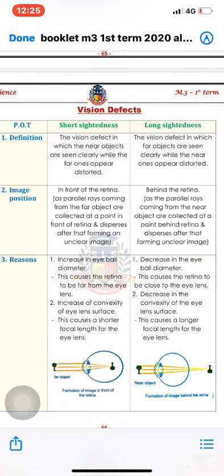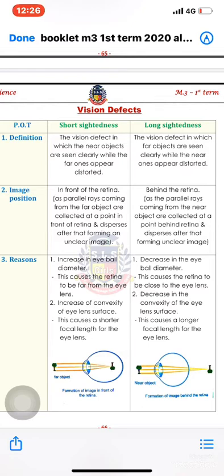So the image position in short-sightedness is in front of the retina. Why? Because the parallel rays coming from the far object, the far object is the one that is distorted, are collected at a point in front of the retina. Okay? And disperse after that forming the unclear or distorted image.